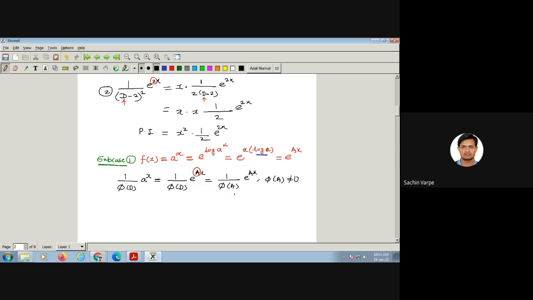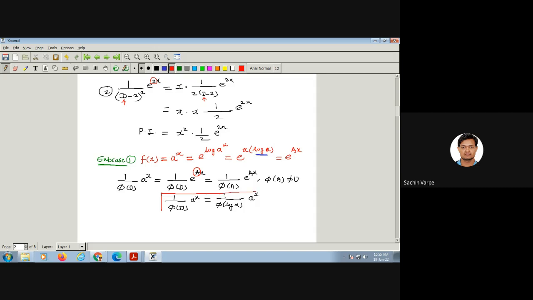So what is A there? A is log of small a. So 1 upon phi at log a e raised to Ax, but e raised to Ax is nothing but a raised to x. So this is my formula here, that 1 upon phi of D a raised to x can be written as 1 upon phi at log a, a raised to x.